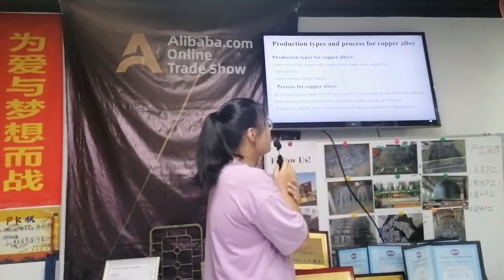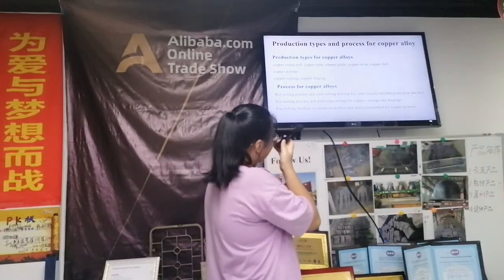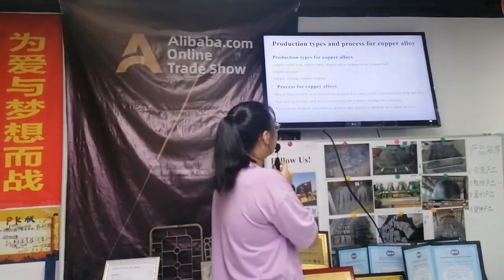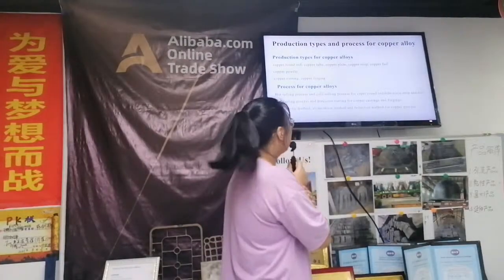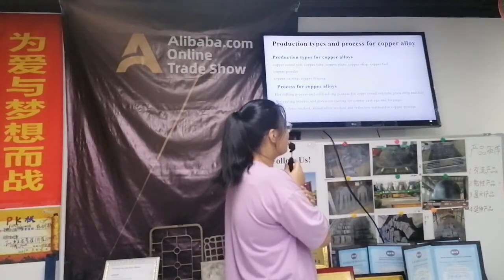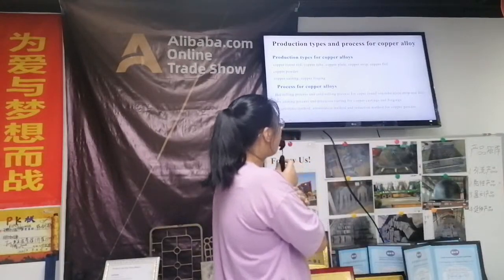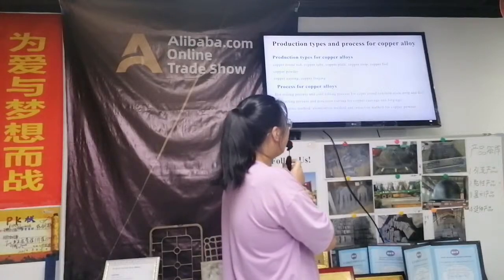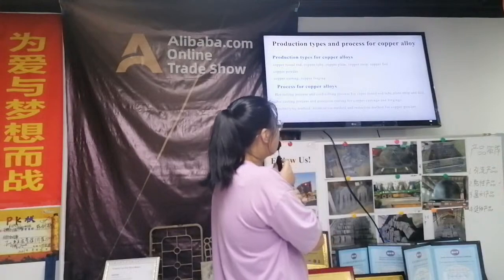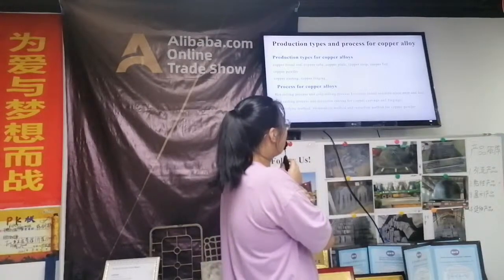Next, production types and process for copper alloy. The first one, production types for copper alloy: copper rods, copper tubes, copper plates, copper foil and strips, copper powder, copper castings and forgings. The second one is process for copper alloy.